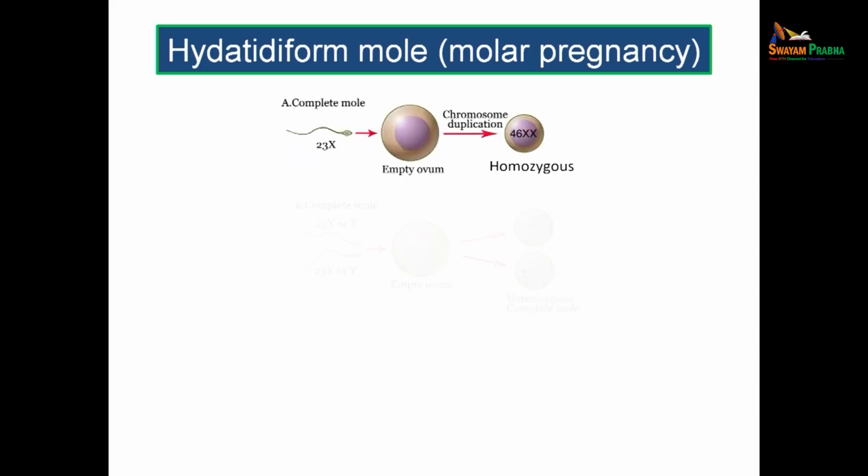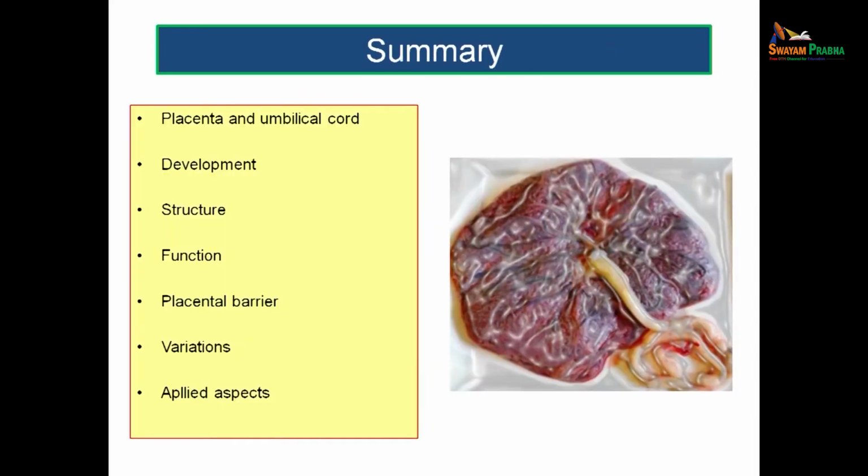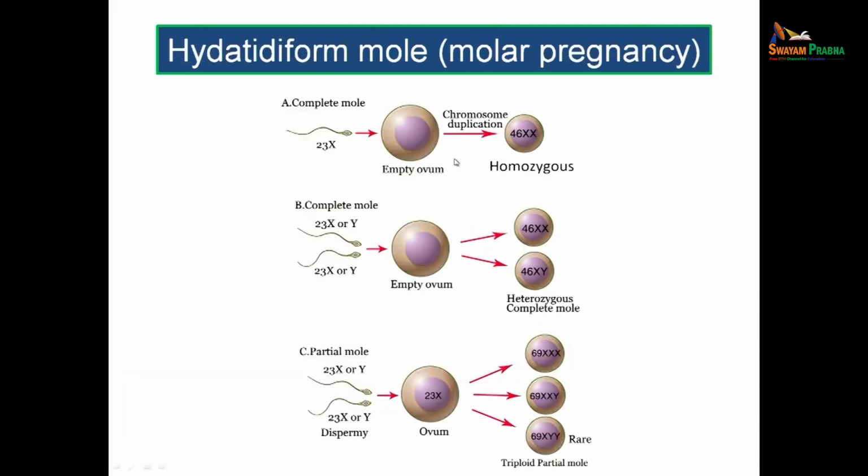So, what do you mean by a complete mole and a partial mole? If you just look at the complete mole, you can see that the portion of ovum is empty, and that is actually resulting in the formation of a homozygous and heterozygous complete mole. You have the contribution from the sperm.